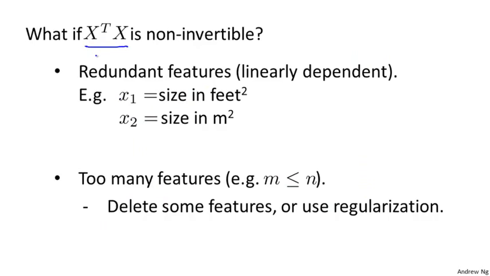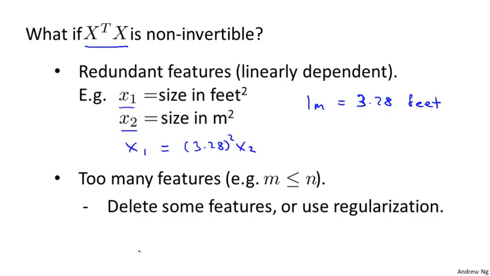Concretely, if you're trying to predict housing prices, and x1 is the size of the house in square feet, and x2 is the size of the house in square meters, then 1 meter is equal to 3.28 feet, rounded to 2 decimals. And so your two features will always satisfy the constraint that x1 equals 3.28 squared times x2.